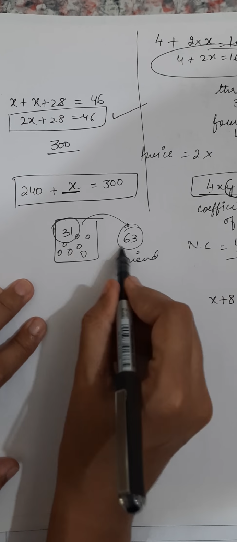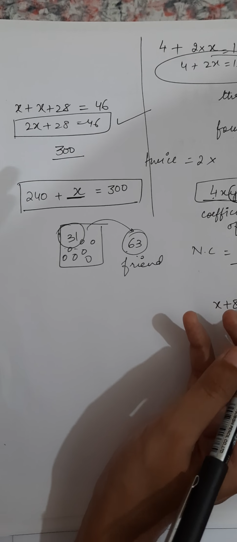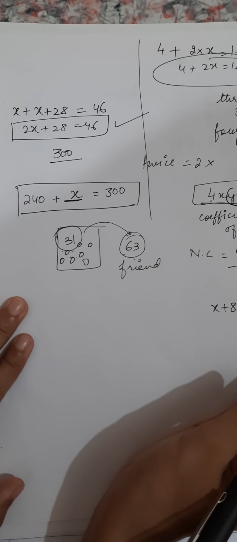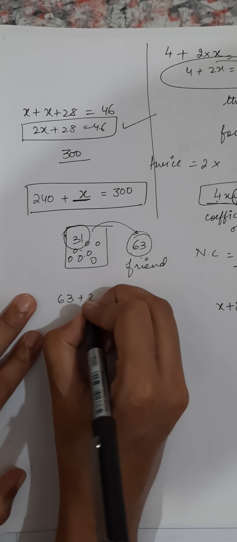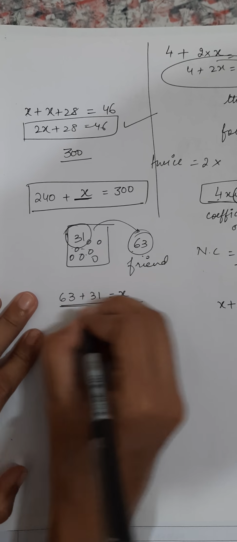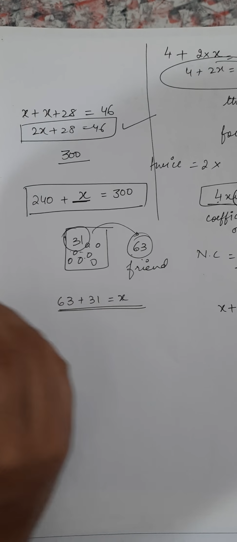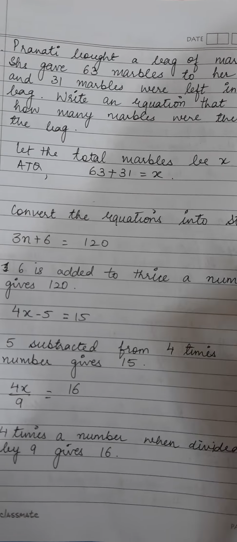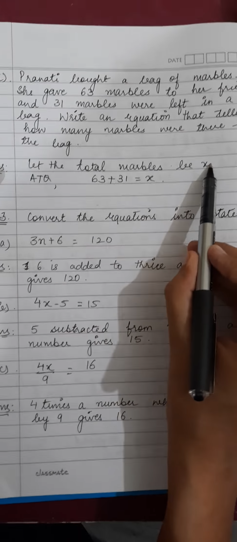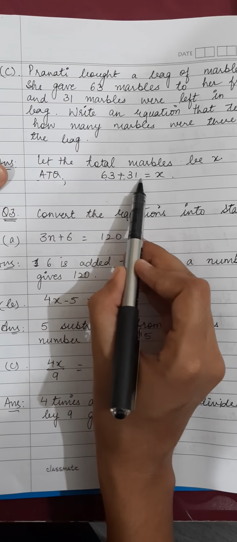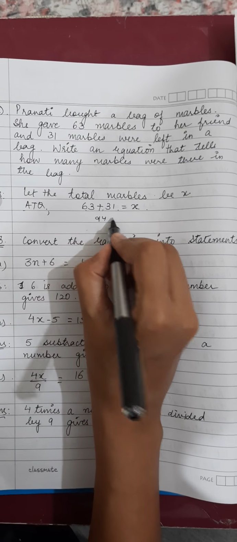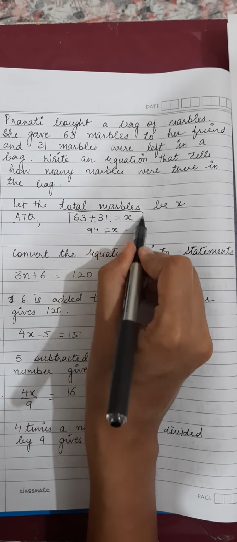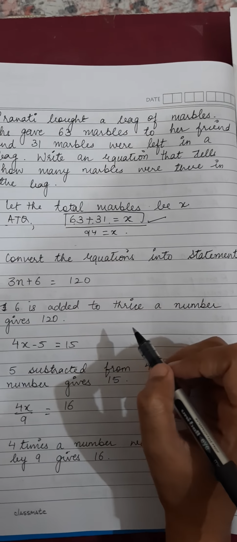So in total, how many marbles were there in the bag? You have to give the expression. Obviously 63 plus 31 is going to give you the total marbles in the bag. So you have to find this x. Let the total marbles be x. So according to the question, 63 plus 31 is equal to x. If you find it, 94 is the answer. But they are asking only for the expression, so this is the answer.